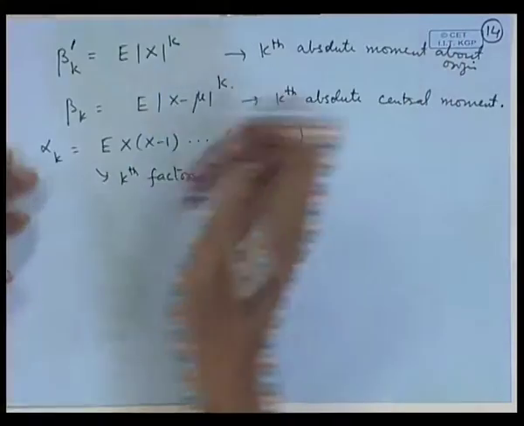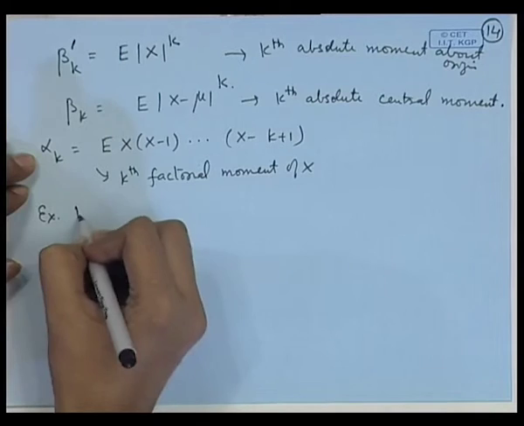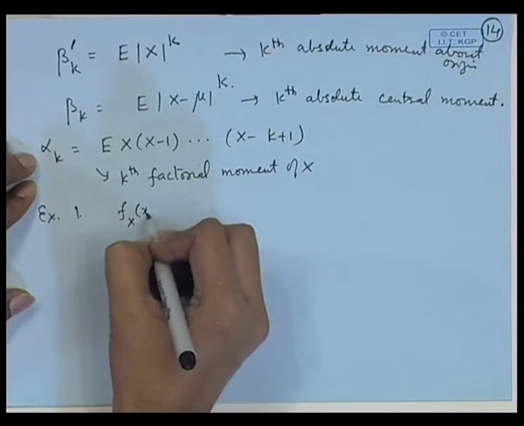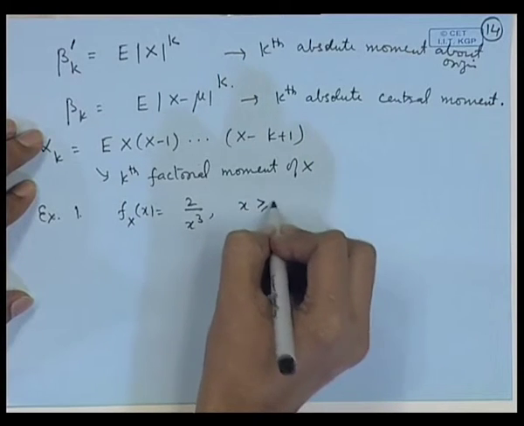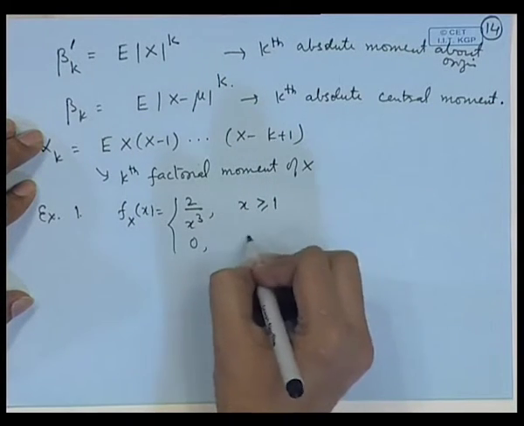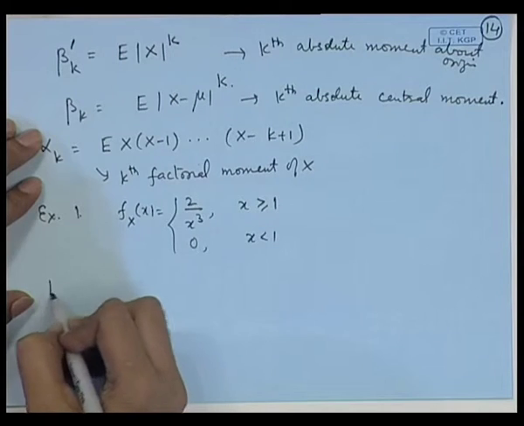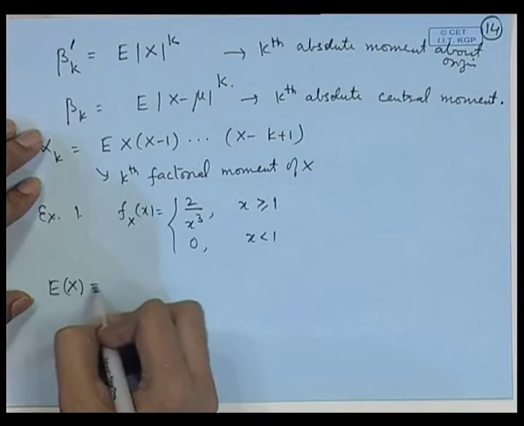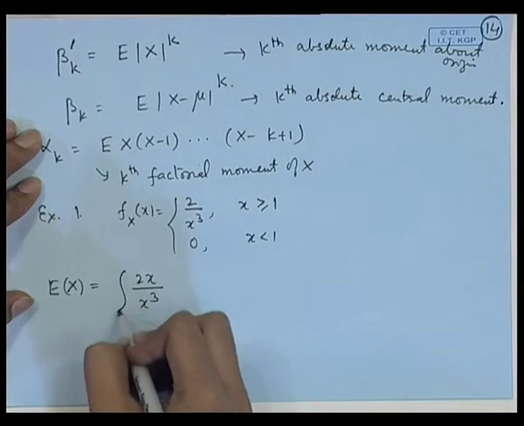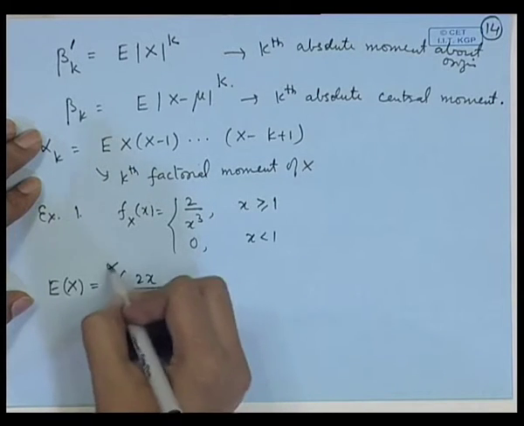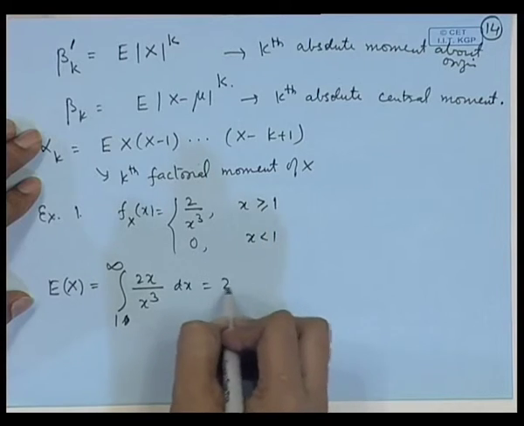Let us take one example. If I consider f x is equal to 2 by x cube for x greater than or equal to 1 and 0 for x less than 1. If we consider expectation of x, then it is equal to integral 1 to infinity 2 by x square dx, that is equal to 2.